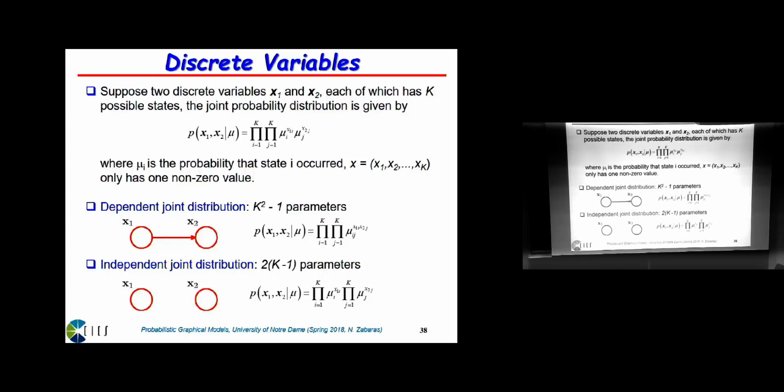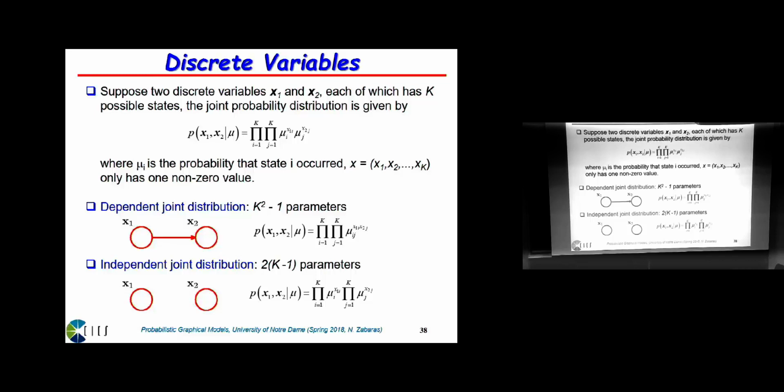So the number of parameters in this problem is k squared minus 1. Where did this number come from? So we have k squared, and the 1 comes from where? What's the buzzword?